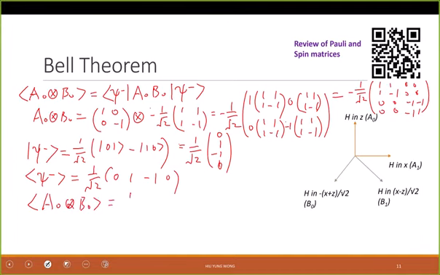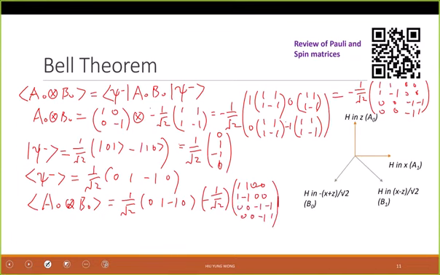So it is 1 over square root 2, 0, 1, negative 1, 0. Then you multiply the whole matrix, negative 1 over 2, 1, 1, 0, 0, 1, negative 1, 0, 0, 0, 0, negative 1, negative 1, 0, 0, negative 1, 1, times 1 over square root 2, 0, 1, negative 1, 0.